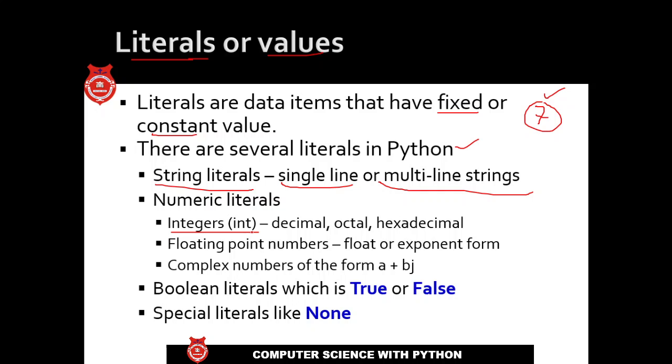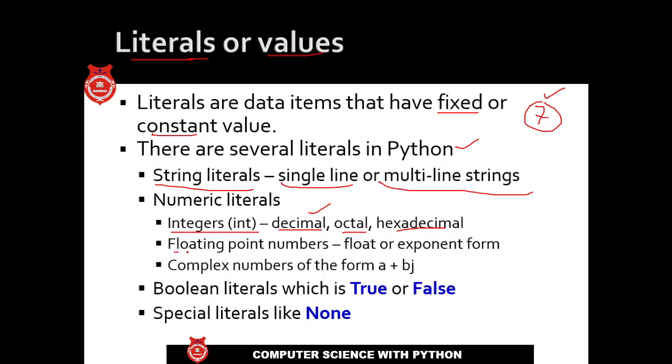The normal number is a decimal number, and we also have octal numbers, which have digits from 0 to 7. We have hexadecimal numbers, which have digits from 0 to 9 and A to F. All of these can be represented as integers inside the computer using Python programming.